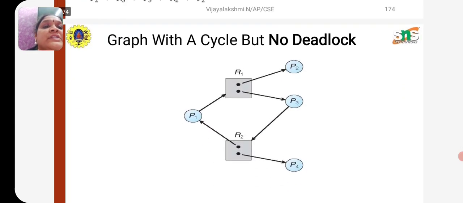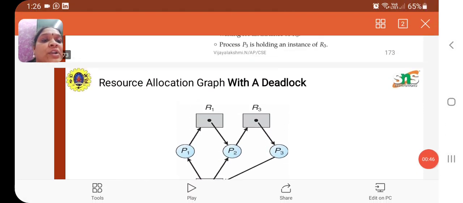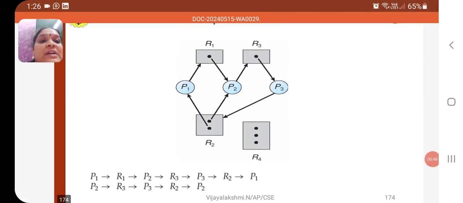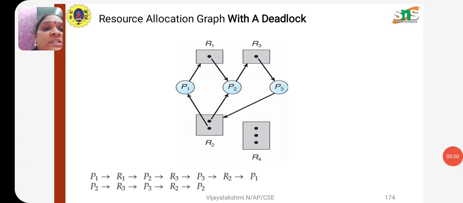See here, a graph with a cycle but no deadlock. We have three processes and four resources: P1, P2, P3, and R1, R2, R3, and R4. Here P1 is requesting R1, but R1 is already held by P2.